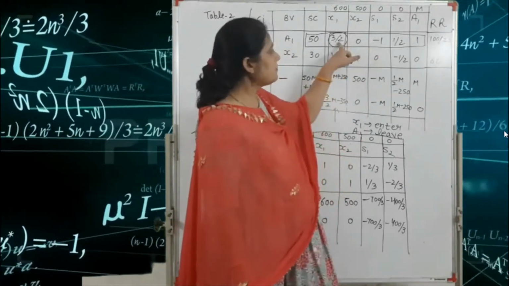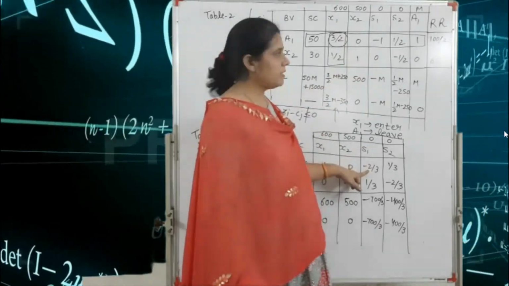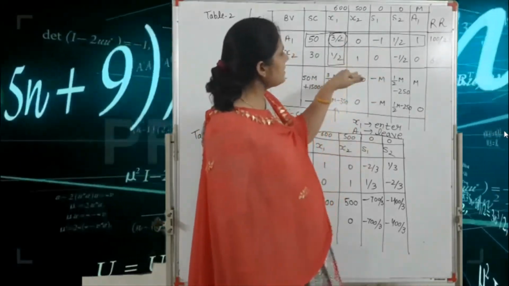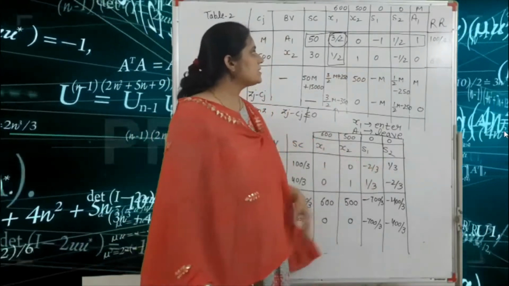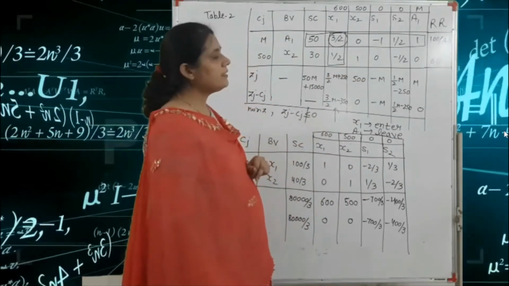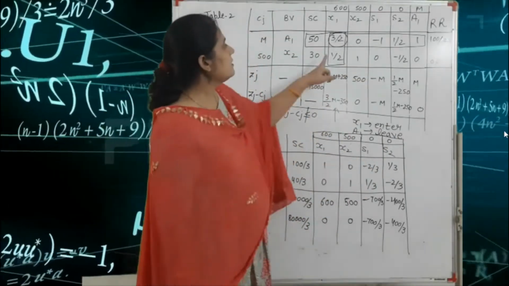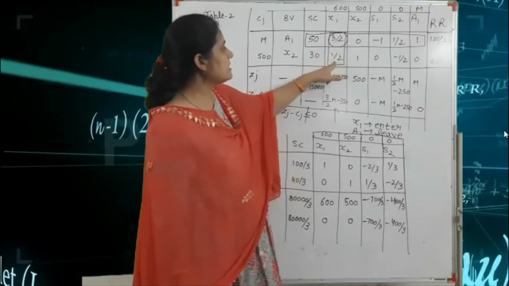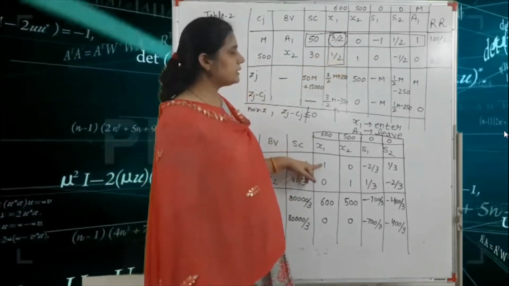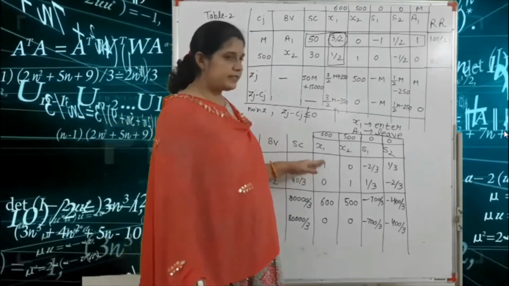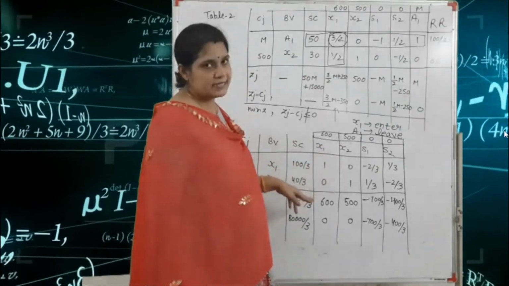Minus 1 divided by 3 by 2 is minus 2 by 3. And 1 by 2 divided by 3 by 2 is 1 by 3. Here, immediately you write 0 in this place because your key number is 1.